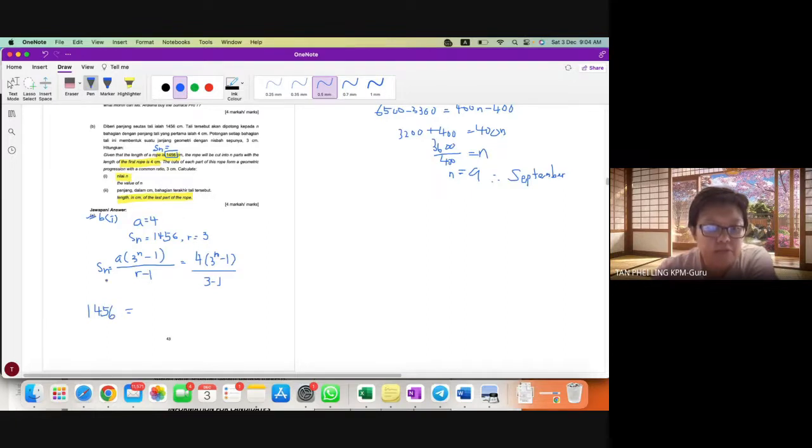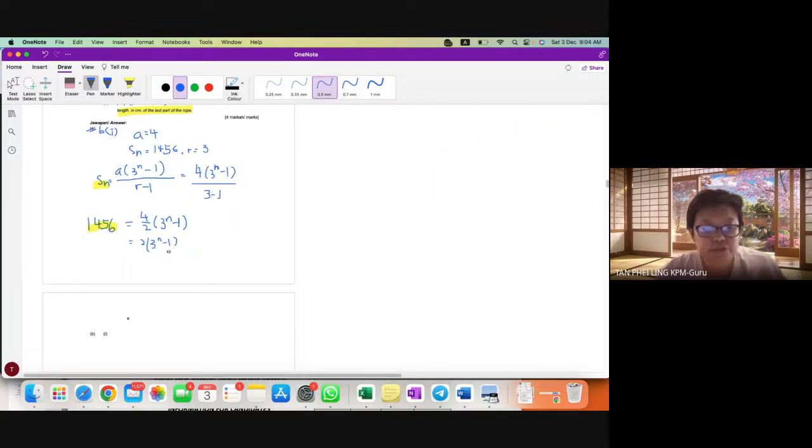The Sn is this. So 4 over 2 you can take out first. Why? Because this is the 4, this is the 2. Then you have the 3 power n minus 1. Why? Because you want to solve whatever you can first, right? So this is actually 2 times (3 power n minus 1). So you are going to divide by 2, right?